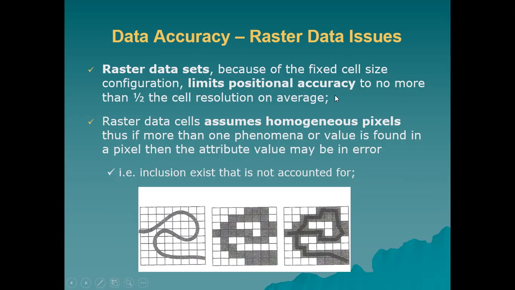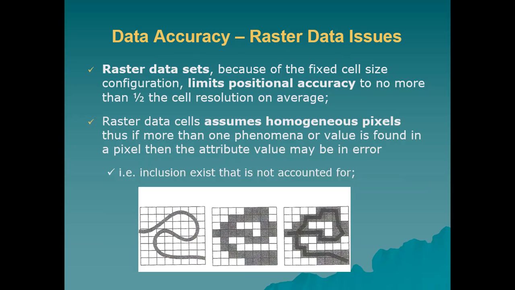So in other words, if you have a 10 meter cell size or cell resolution, what we're saying is the accuracy of the features that fall within that 10 square meters would be no more than 5 meter accuracy. In other words, you could possibly have a 5 meter error there, right? Because remember, if you have a 10 meter square cell resolution, you really cannot determine precisely where within that 10-meter square a point feature actually falls.